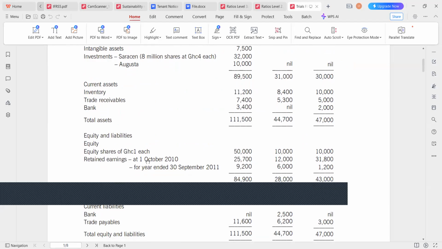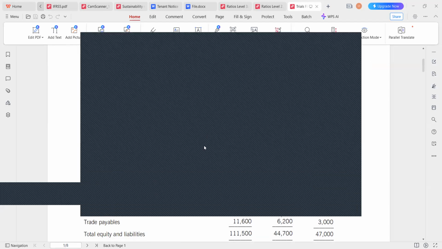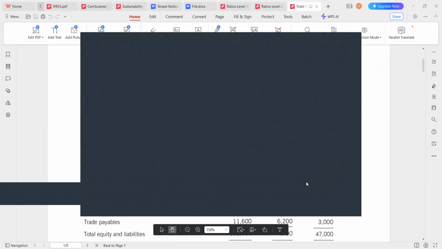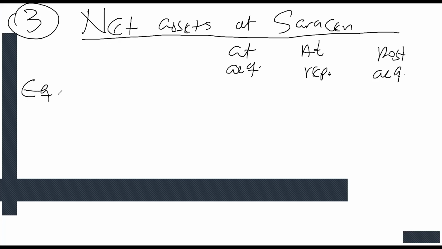Write it as I've seen it here. Equity shares, 10,000, at reporting.